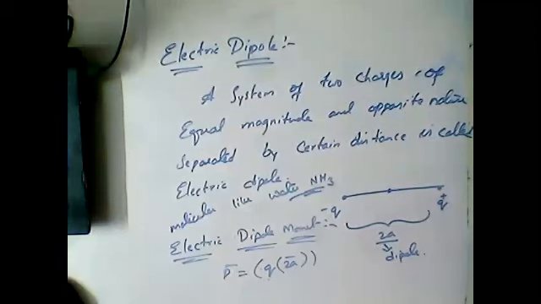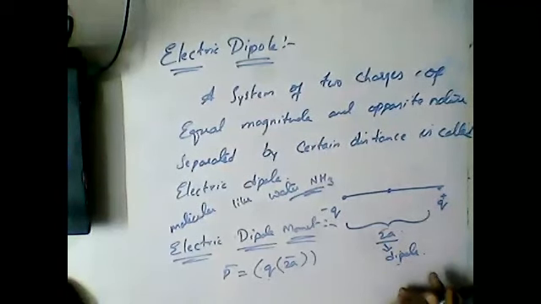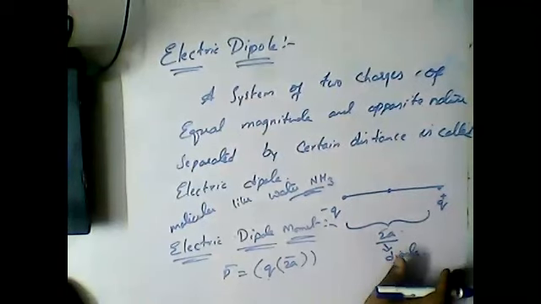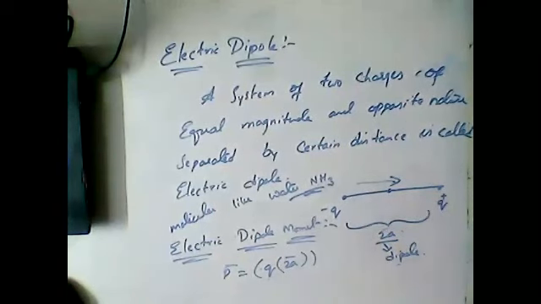Electric dipole means a system of two charges of equal magnitude and opposite nature separated by a certain distance, which is 2A, and 2A is a vector quantity. Always the direction is from negative to positive, I mean the direction of the dipole moment. Now, electric dipole moment P bar is given as Q into 2A bar.